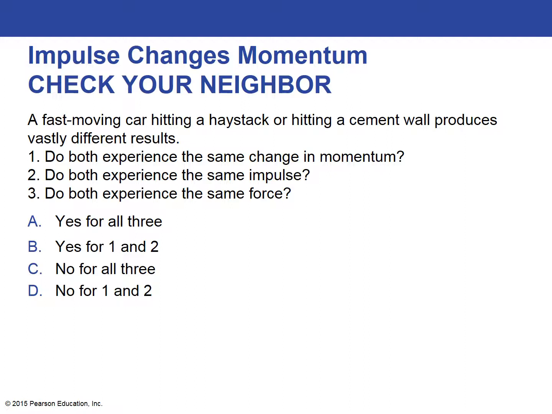What we know from this experience is that in both scenarios, the car initially has the same velocity when it strikes the object, whether it's haystack or wall.